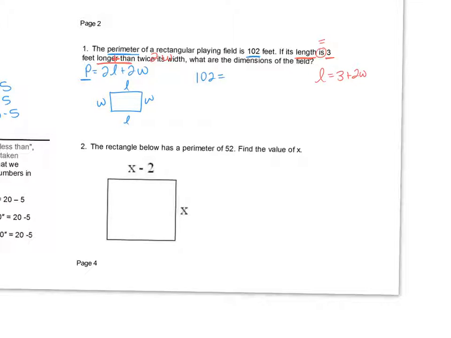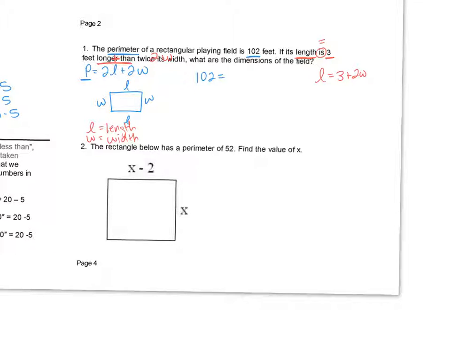Now one thing that I didn't do is we need to define our variables. Since perimeter has a length and a width, usually we call the length L. Notice for length I used a lowercase cursive L because if you don't, it might look like a 1. And W equals width.